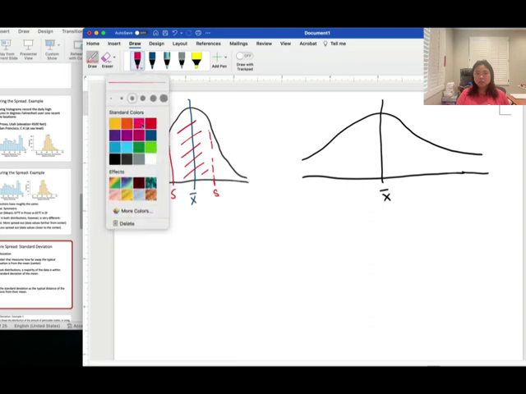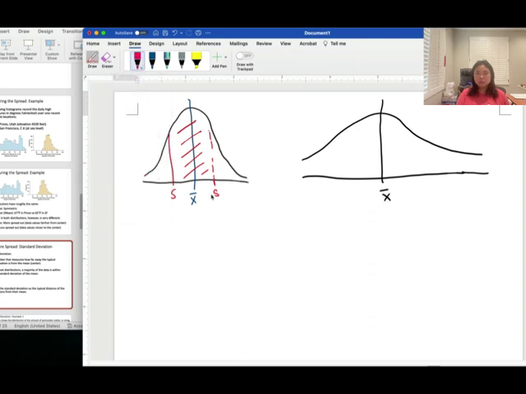Since most of the data will be within 1 standard deviation, the first standard deviation looks like here, 1 standard deviation above the mean and 1 standard deviation below the mean. You can see the majority of the data lies in here.